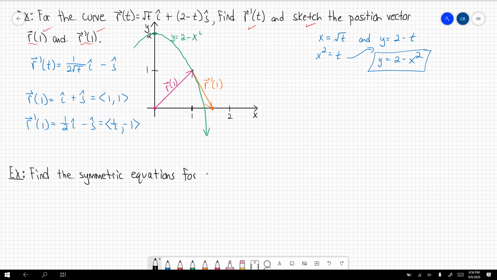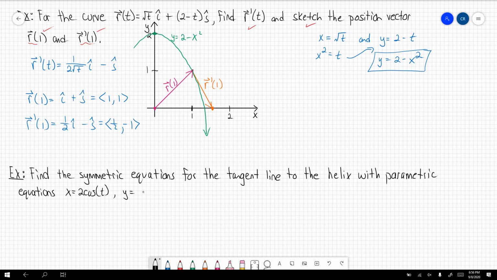Find the symmetric equations for the tangent line to the helix with parametric equations x is equal to 2 cosine of t, y is equal to sine of t, and then z is equal to t, and we want this at the point 0, 1, and pi halves.